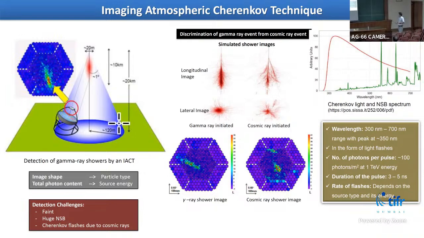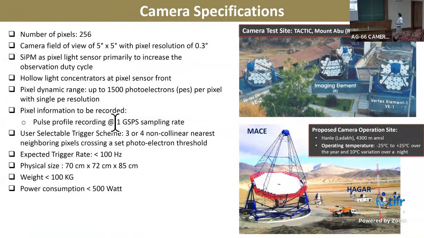Our group has developed a camera for detection of these Cherenkov light flashes, with 256 pixels, a field of view of 5 degree by 5 degree, and in place of photomultiplier tubes, we are using silicon photomultipliers as the pixel light sensor.